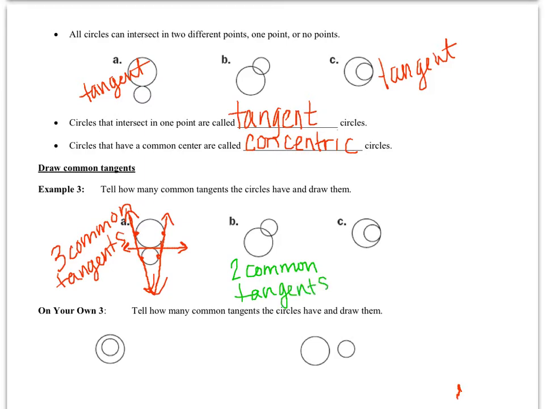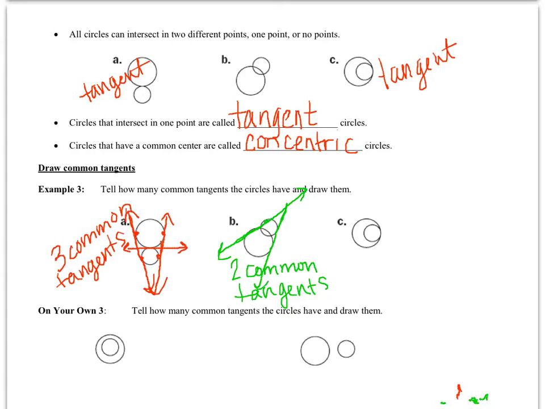I'll do my best to draw those in for you here. One would look something like that. It's not fabulous. This should just touch in one spot there and there. And then the other one would look something like that, which is a little better. Touch here and here.